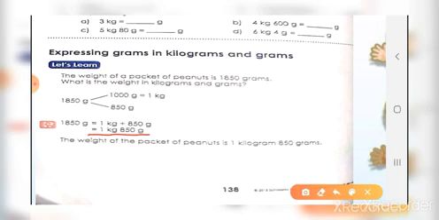It means that 1850 grams is equal to 1 kilogram 850 grams. So the weight of the packet of peanuts is 1 kilogram 850 grams.